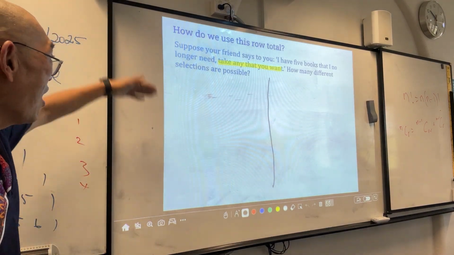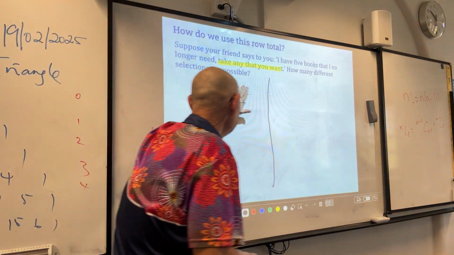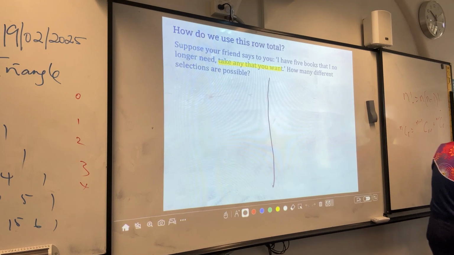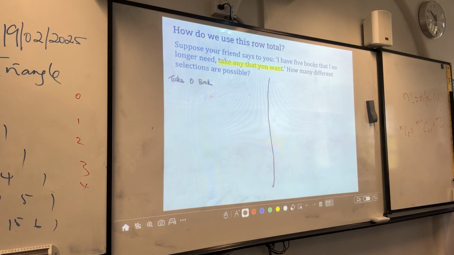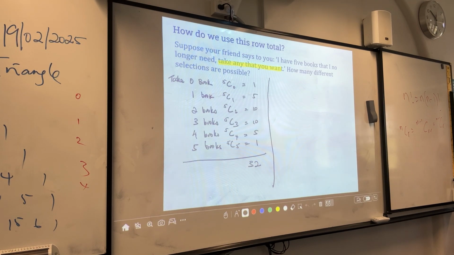So how many selections are possible? You can select 0 books. So 5C0, which is 1. If you pick 1 book, 5C1 equals 5, 2 books, 5C2, 5C3, 5C4, 5C5, and the total is 32.